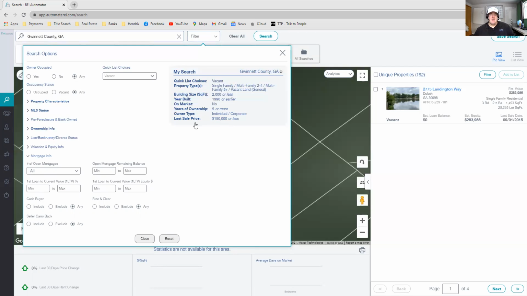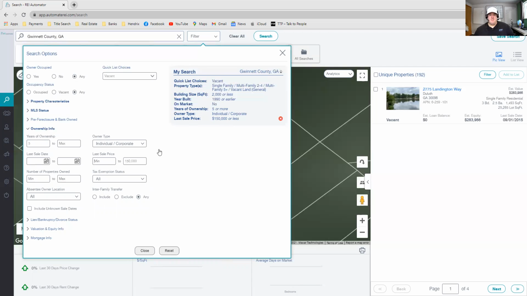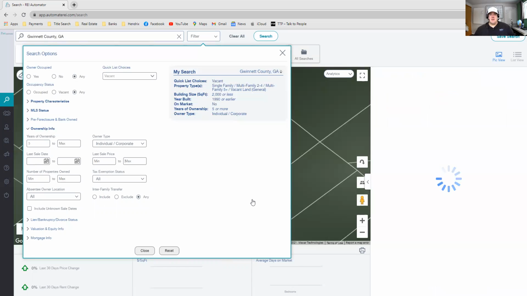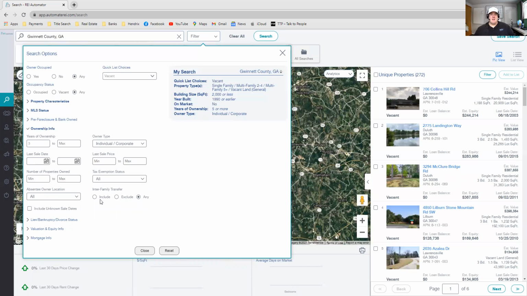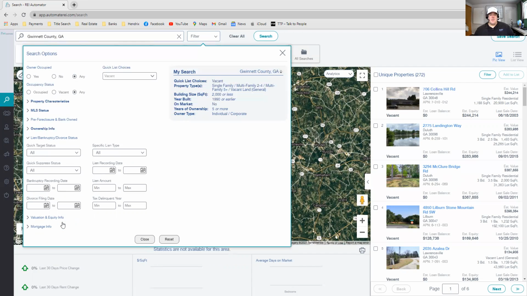And then, like I said, you can mess with this a little bit. Maybe you don't have this in here. The only issue that I have is then you're relying solely on the equity.